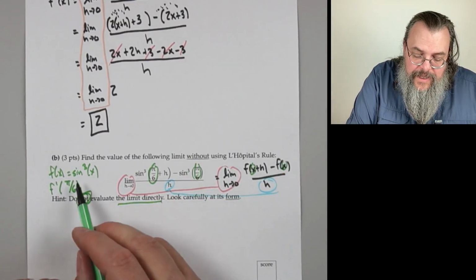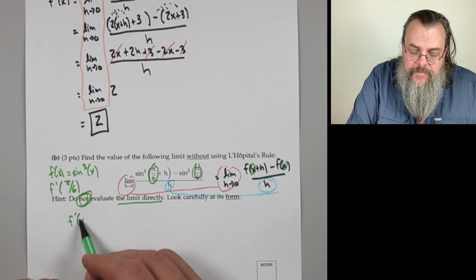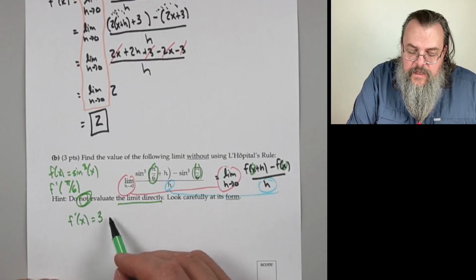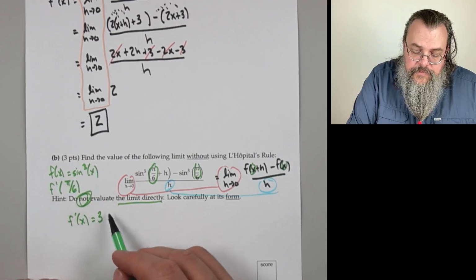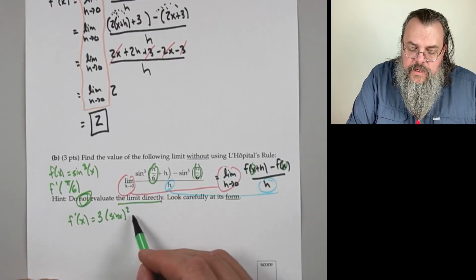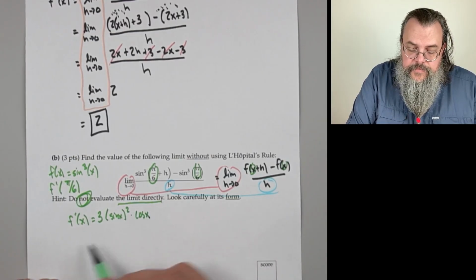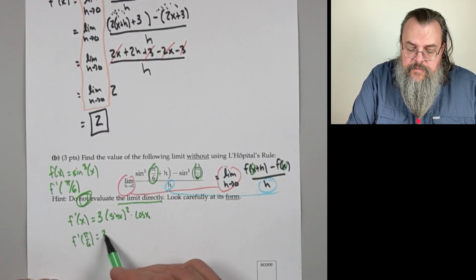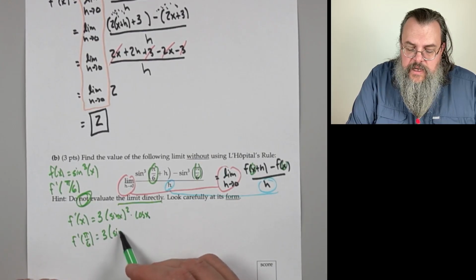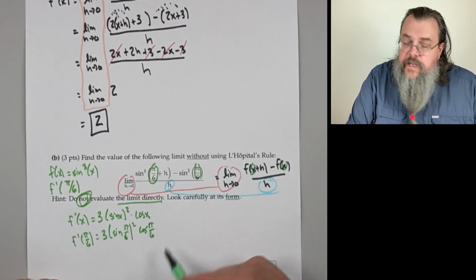Okay, so I say, well, if f of x is sine cubed of x, f prime of x is 3. Got to do a chain rule here. 3 comes down, sine of x to the 2 times the derivative of sine, which is cosine. So you plug in pi over 6. That'd be 3 sine of pi over 6 squared cosine pi over 6.